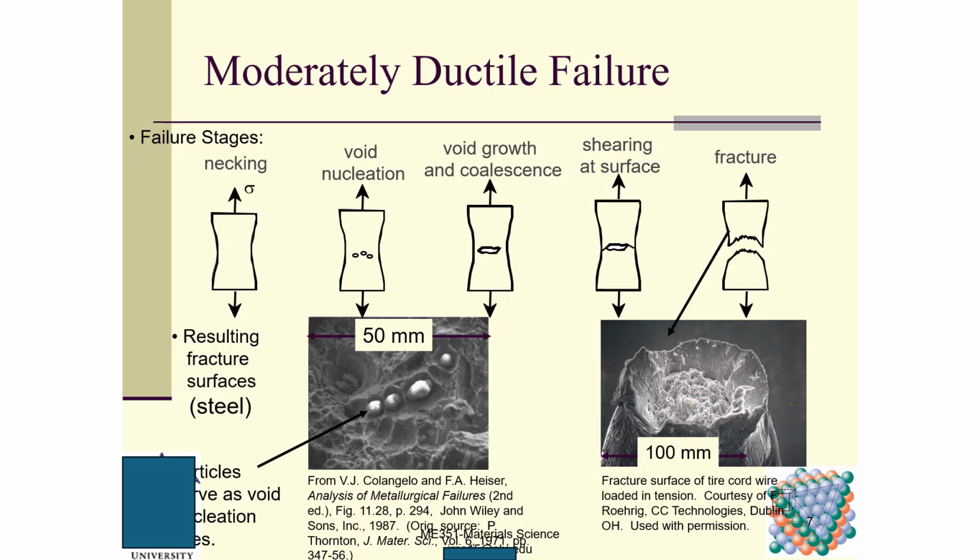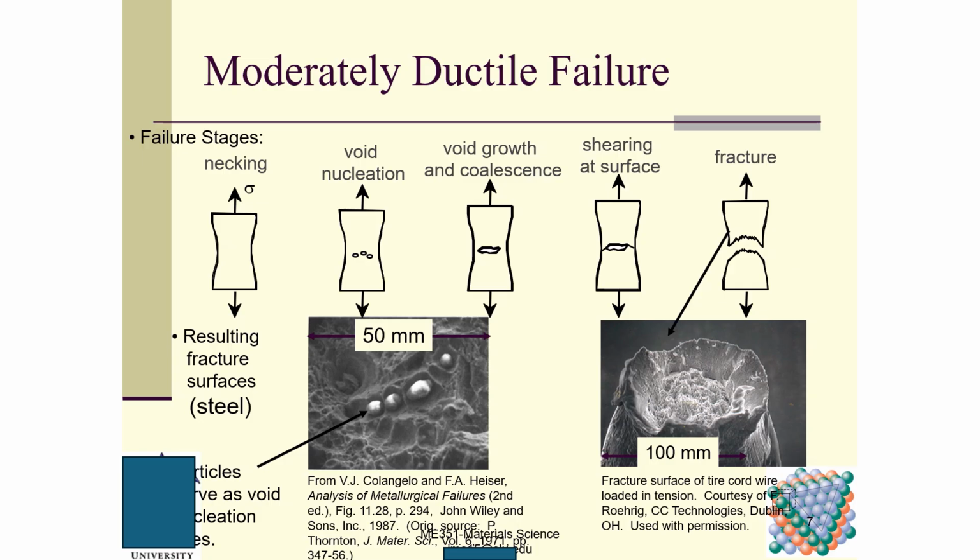So for these ductile materials, steel and aluminum alloy, you can see clearly that the specimen experiences necking when you apply the load. And then you can see void nucleation, small voids here. As the load grows, the voids come together, and finally the voids grow and coalesce, and then finally shear at the surface.